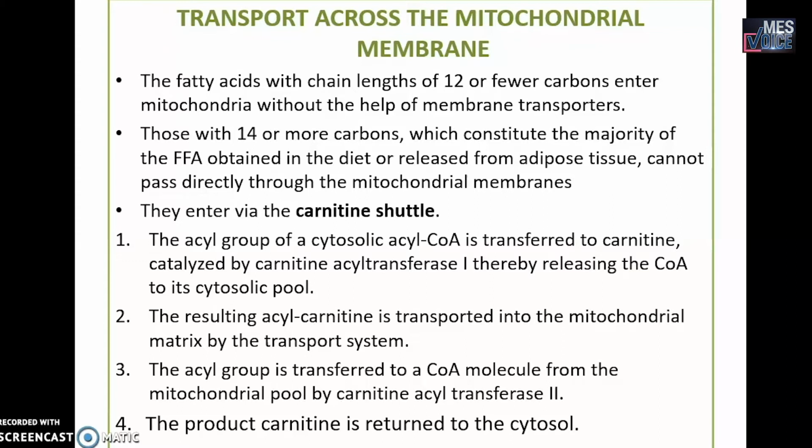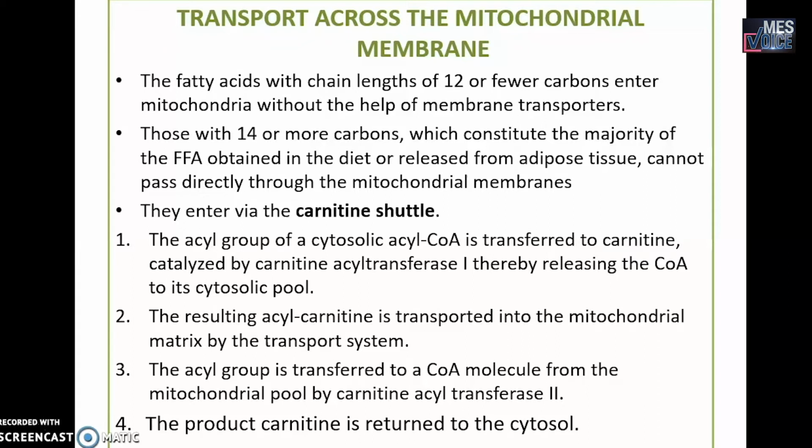But those fatty acids with 14 or more carbons, which constitute the majority of free fatty acid obtained in the diet or released from adipose tissues, cannot directly pass through the mitochondrial membranes, and they require a transport mechanism which is known as the Carnitine shuttle. So most of the free fatty acids enter the mitochondrial matrix by the Carnitine shuttle.